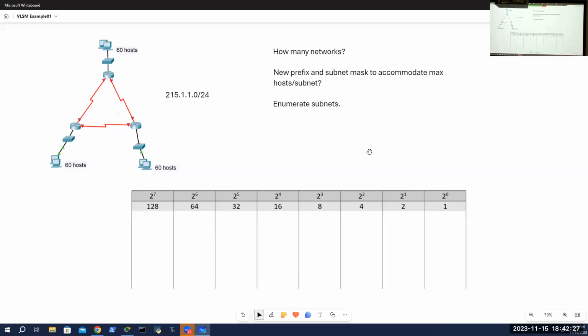So if you had a host with an IP address of, let's just say, 100.33, and it was a /27.